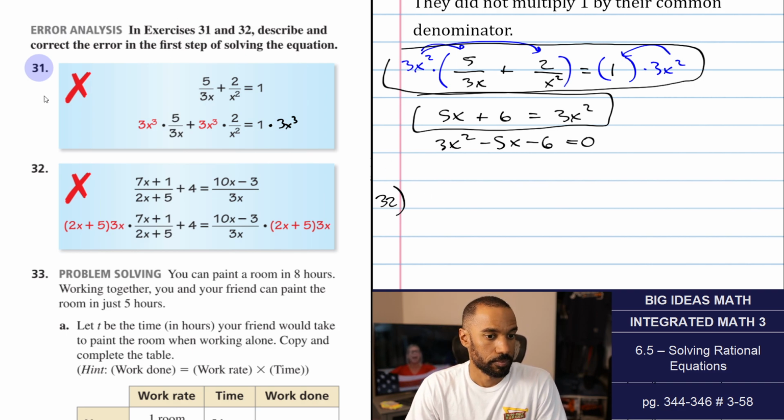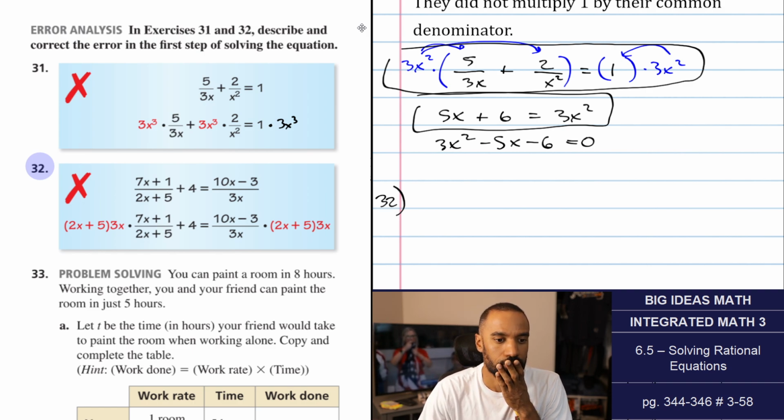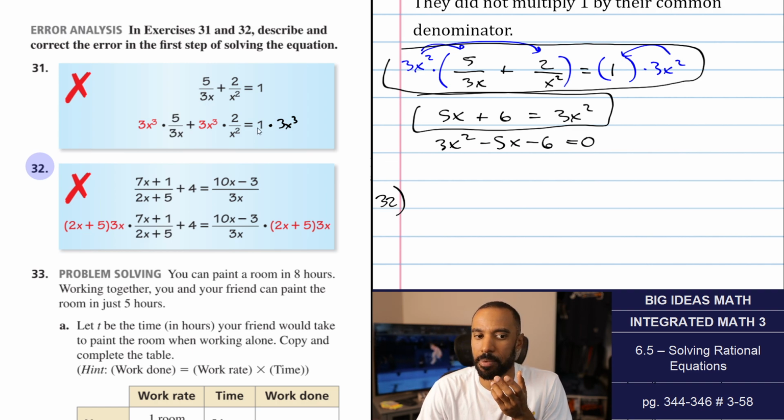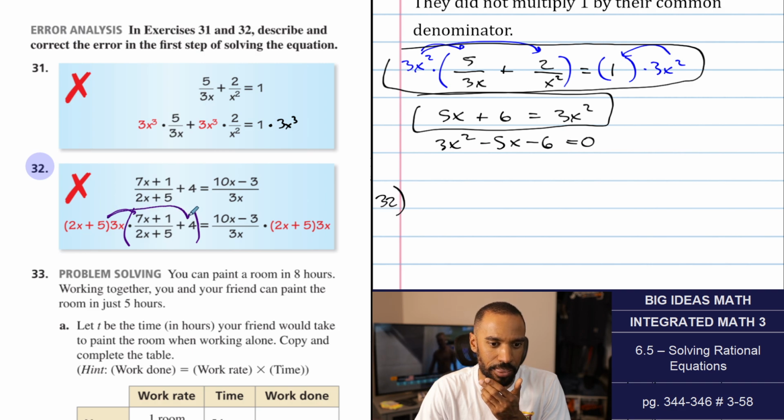Number 32. The first step here, it appears there's the same issue. I can't tell because they're not showing parentheses, so there's no assumption that this is multiplying in both this term and the 4.